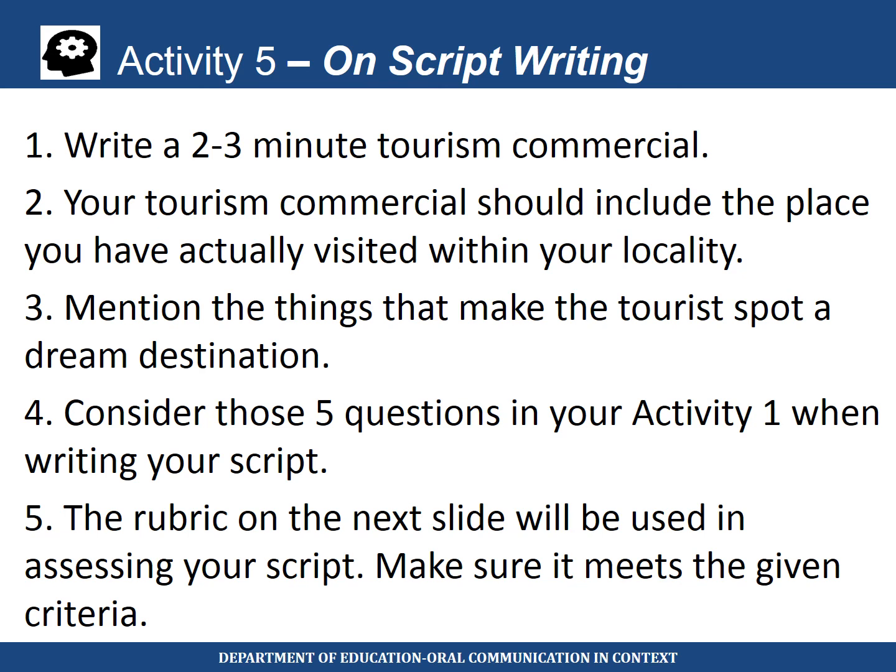Third, mention the things that make the tourist spot a dream destination. Fourth, consider those 5 questions in your Activity 1 when writing your script. And fifth, the rubric on the next slide will be used in assessing your script. Make sure it meets the given criteria.